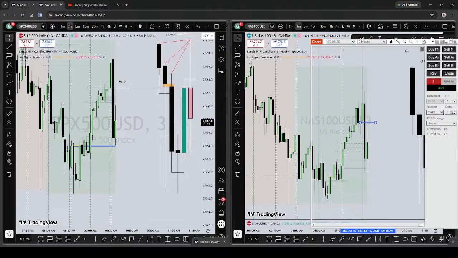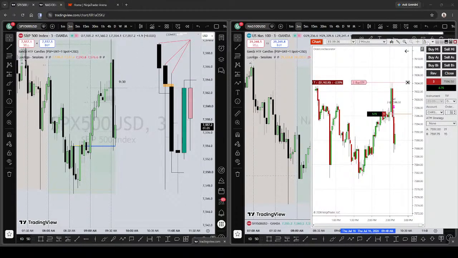So NQ reacting nicely to the change of delivery. Yes, I understand my chart is not visible.